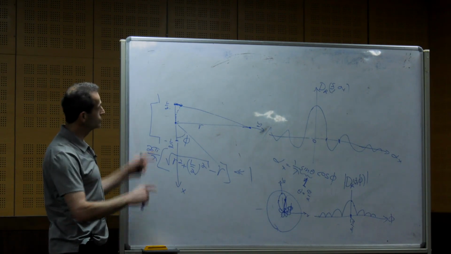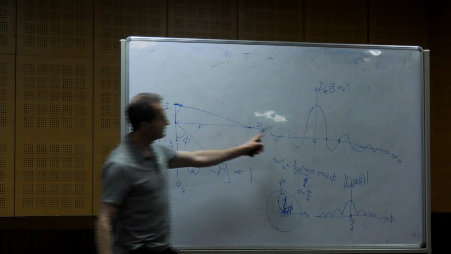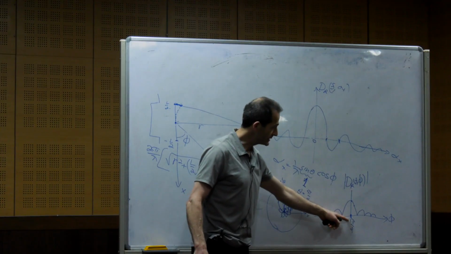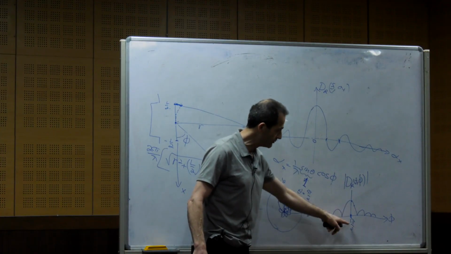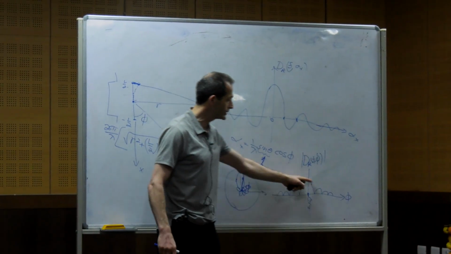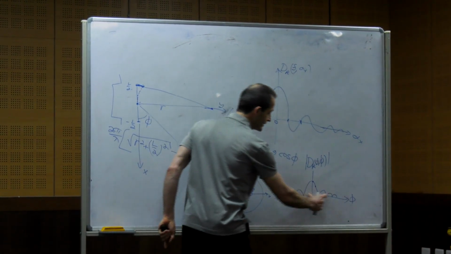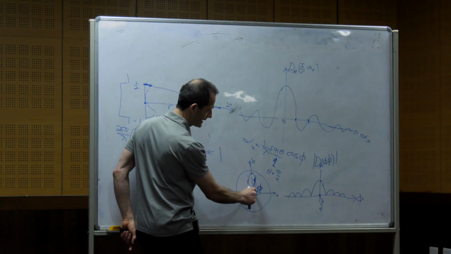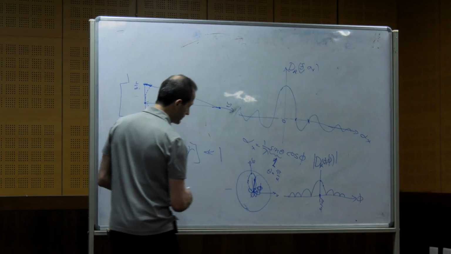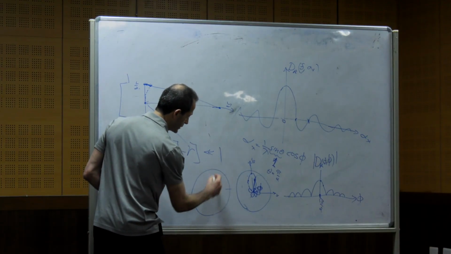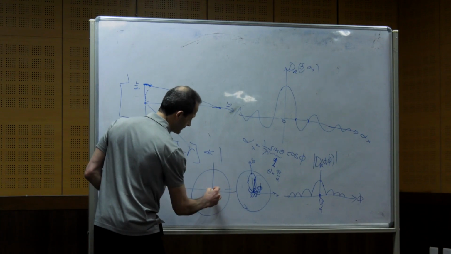I want to direct the directivity pattern such that it will not be maximum for pi over 2, for 90 degrees, but for 45 degrees. So I want to steer it. Here you can see it very easily. I want to steer so that the response will be, instead of something like that, something like that, to 45 degrees.